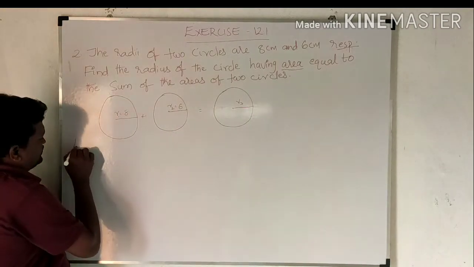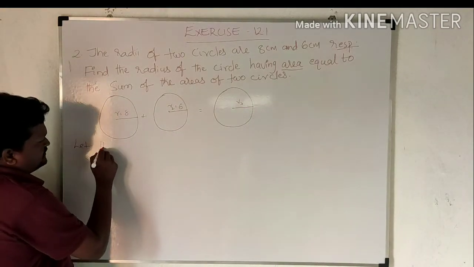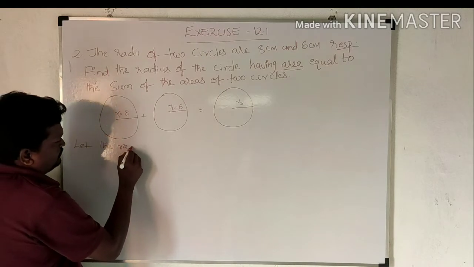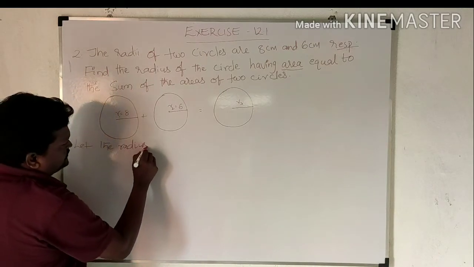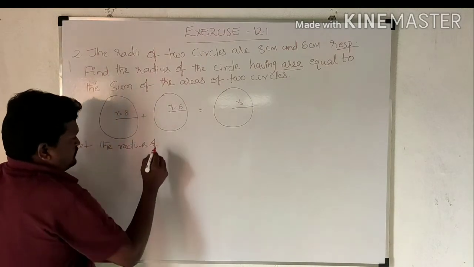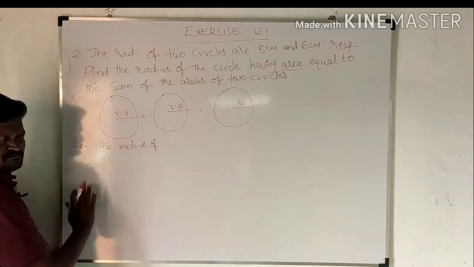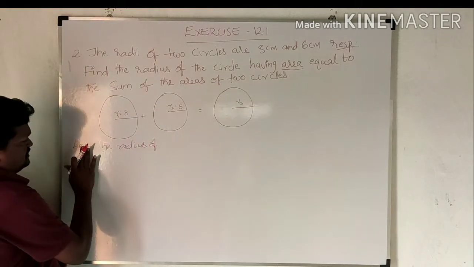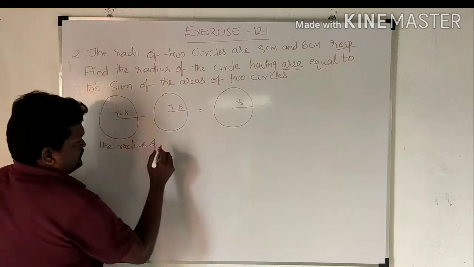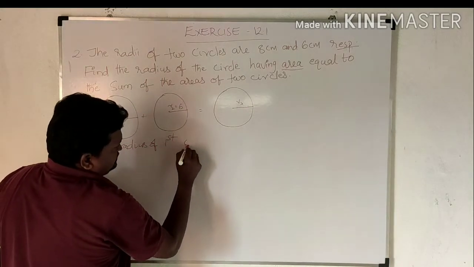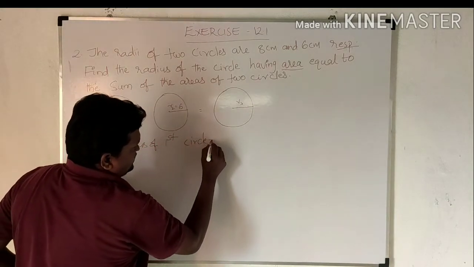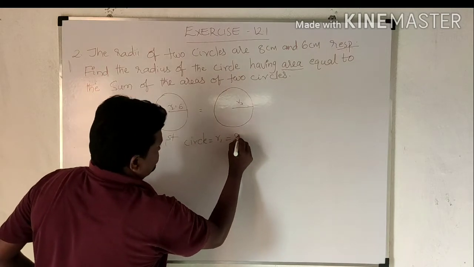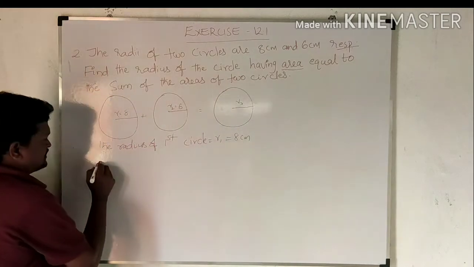Now see, let the radius of the first circle be R1 equal to 8 centimeters.